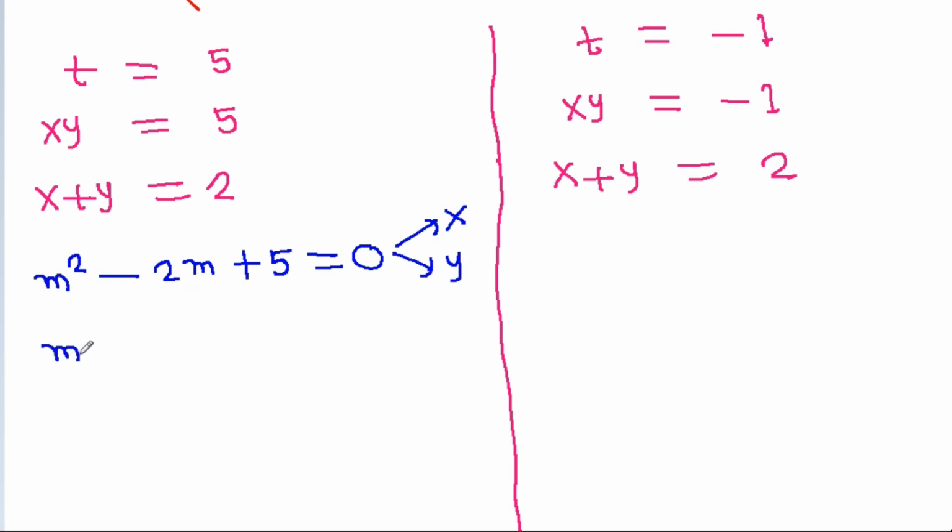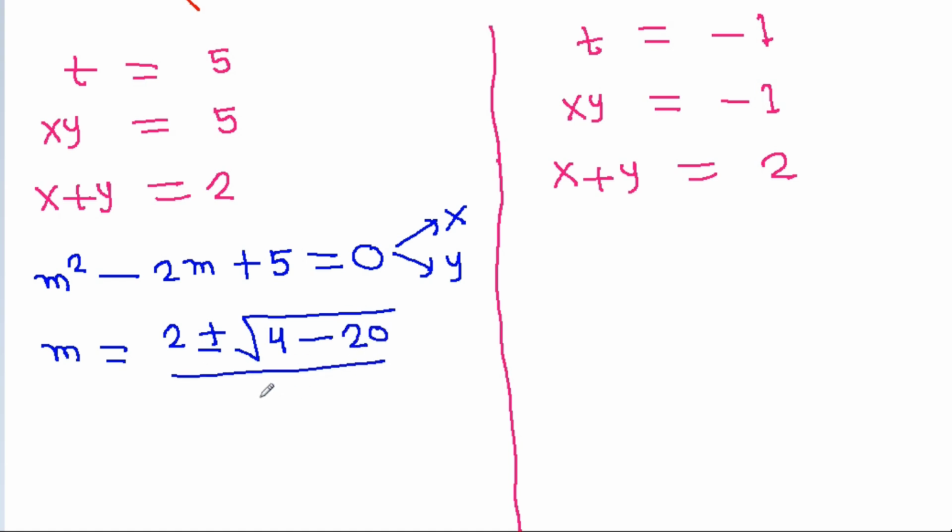and we can get m is equal to minus b, that is 2, plus minus square root of b square, that will be 4, minus 4ac, that will be 4 into 5, 20, by 2a, and it is m is equal to 2 plus minus square root of (4 minus 20), which is minus 16, by 2.